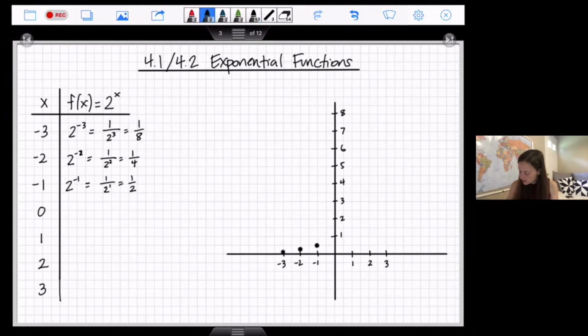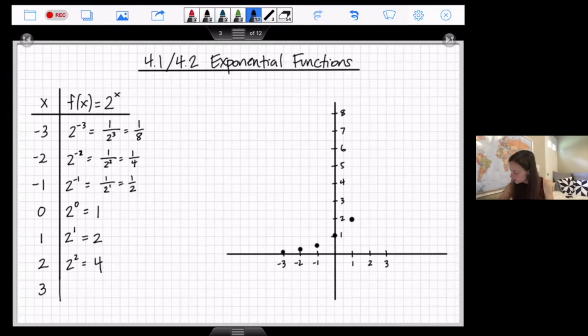Then I'm going to plug in 2 to the 0. Anything to the 0 is equal to 1. So I get the point 0, 1. Then I'm going to plug in 2 to the 1. That one's easy, 2. So I'm going to plot the point 1, 2. Next up, x equals 2. 2 squared is equal to 4.